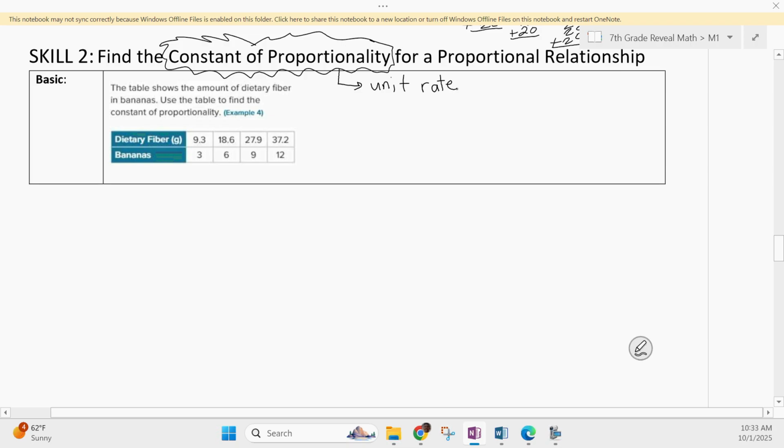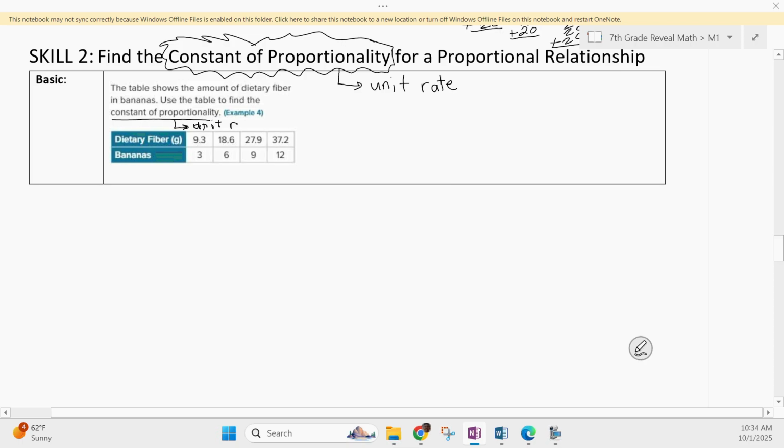Which one makes more sense? Okay, right. How much fiber in 1 banana? So right away, we know we're finding the constant of proportionality, which we just think, okay, that's a unit rate. I'm just dividing. Don't get confused by these mathematicians' crazy words.